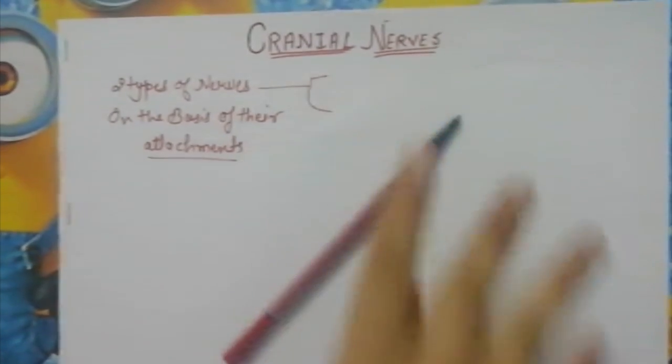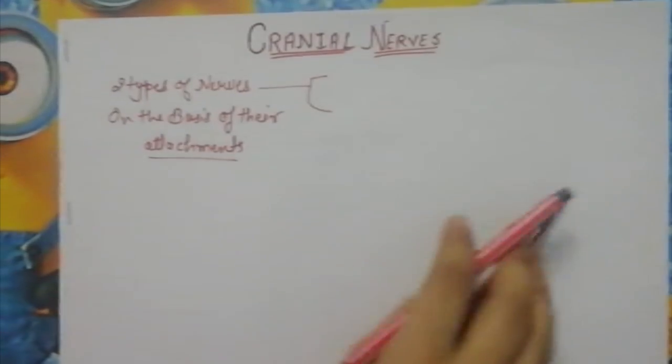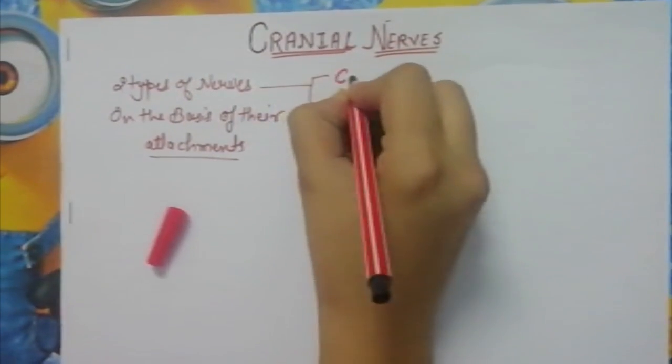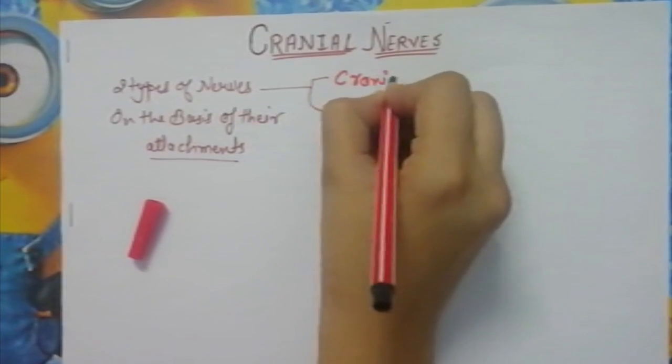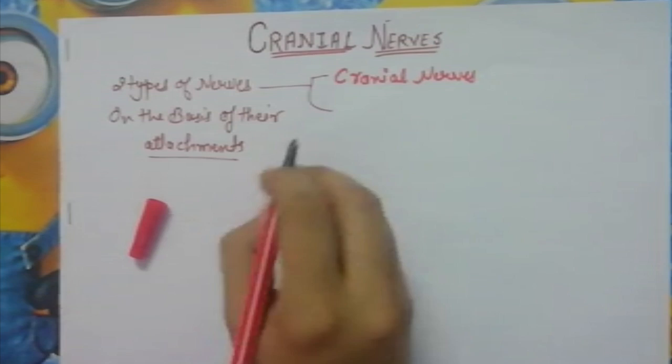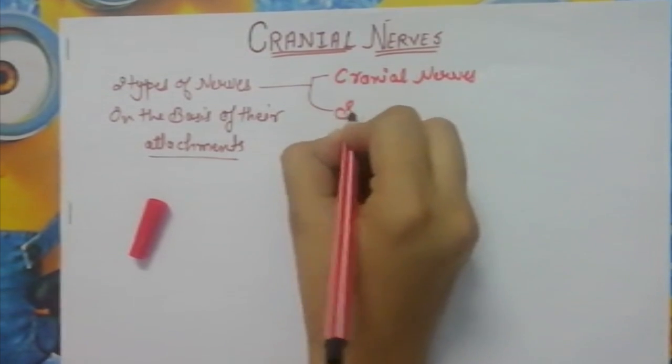So there are two types of nerves on the basis of their attachments. First is the cranial nerves, and the second type is the spinal nerves.